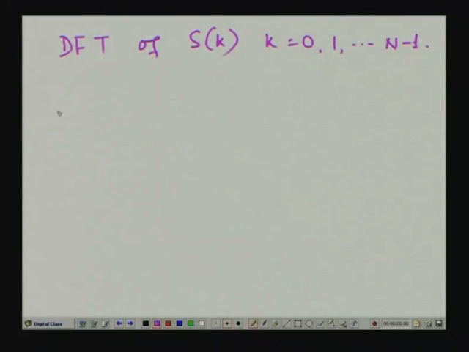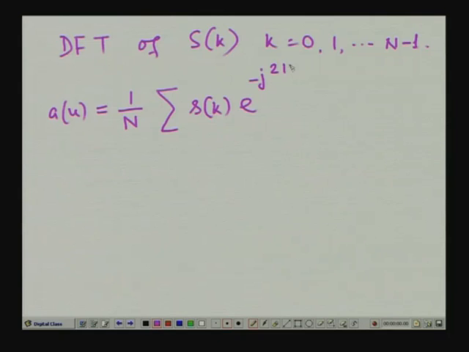I can write that expression as Au equal to 1 upon capital N times the summation of Sk e to the power minus j 2 pi by capital N uk, where k varies from 0 to capital N minus 1.